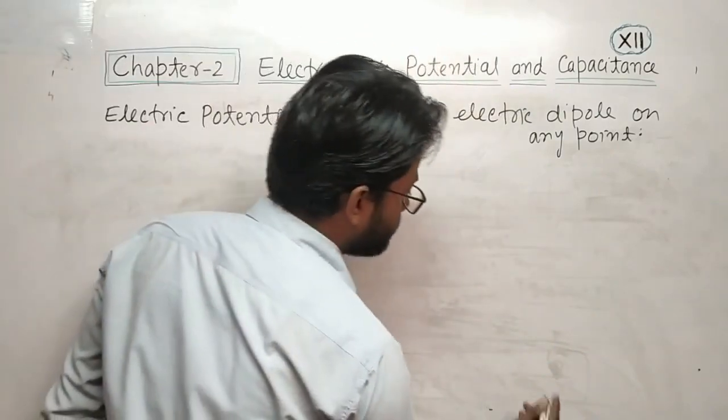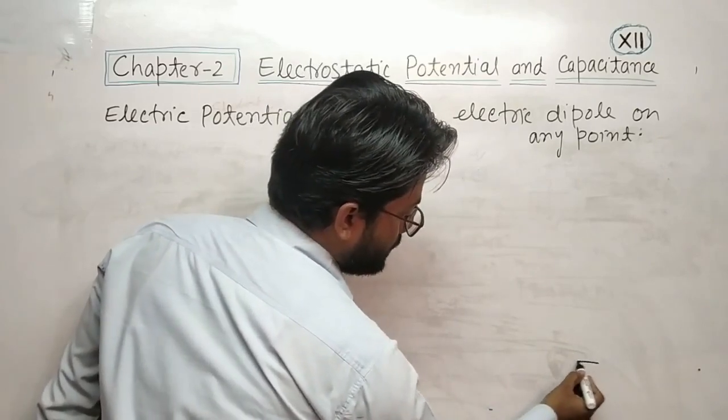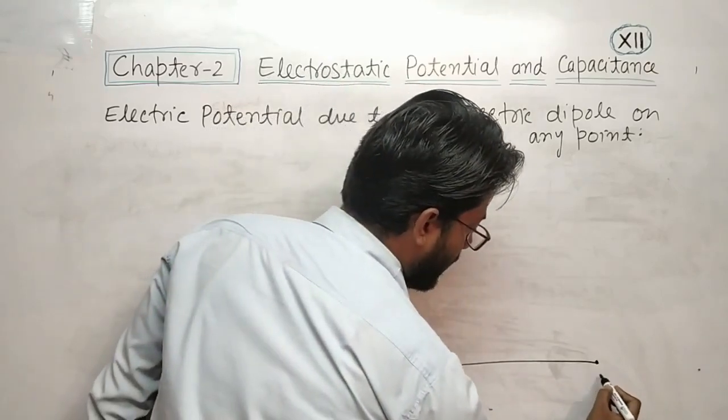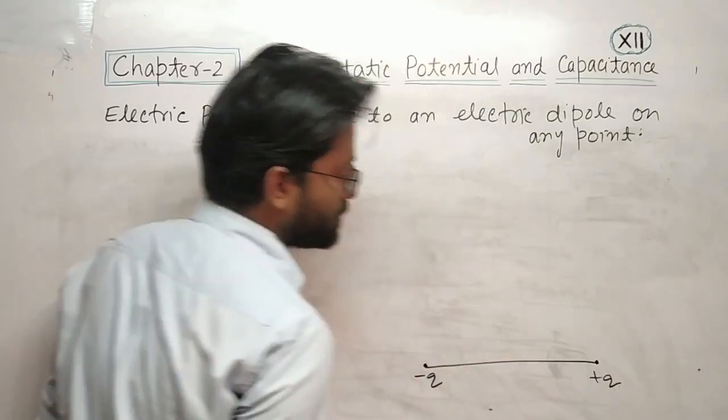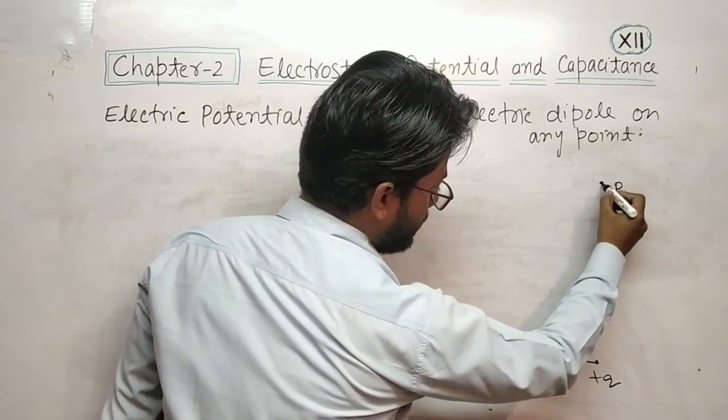First, see, this is the electric dipole, this is the negative charge, and this is the positive charge, and you may take any general point P here.